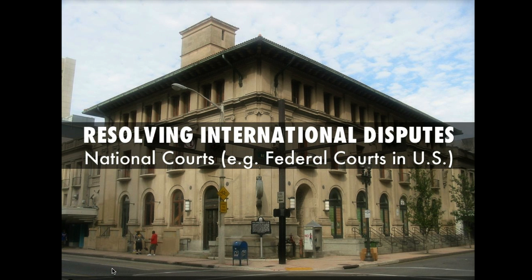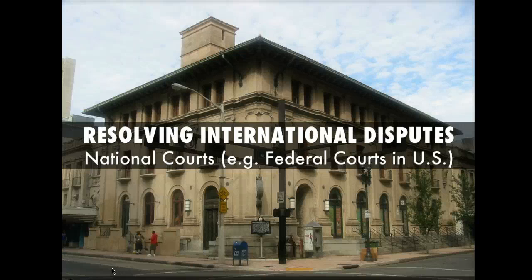Still another way, which is probably the second most common, would be through the national courts of the particular countries. In the case of the United States, that would be the federal courts. So I have a picture here that actually isn't a courthouse, it's of an old post office, but you get the general idea that you would take the dispute into the federal court system in the US.